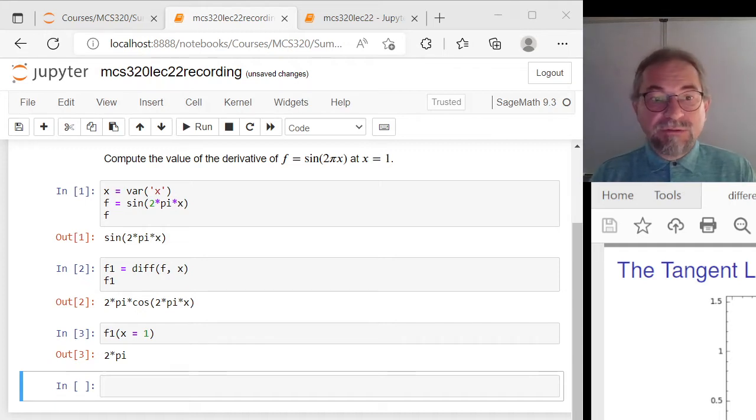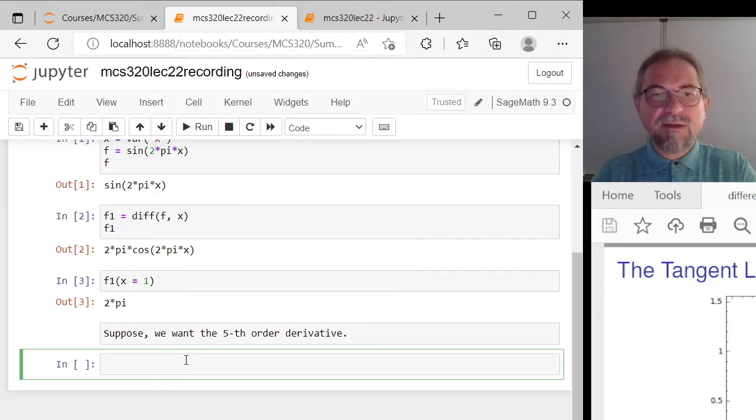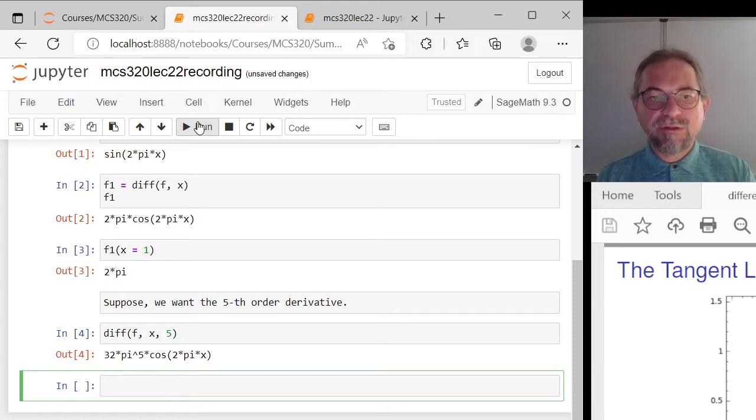Suppose I want the higher order derivative. Suppose I want the 5th order. Then I can do this in two ways. I can do diff fx, and then I have an extra parameter with the order.